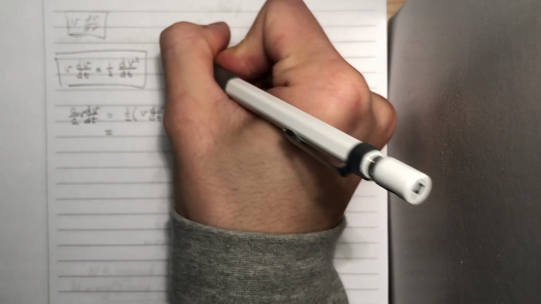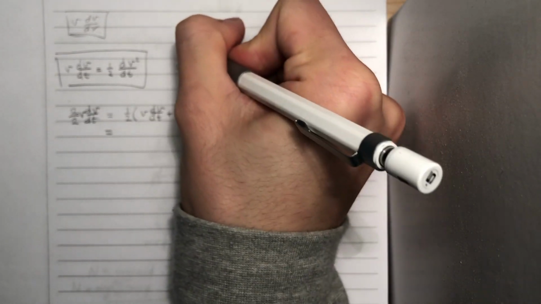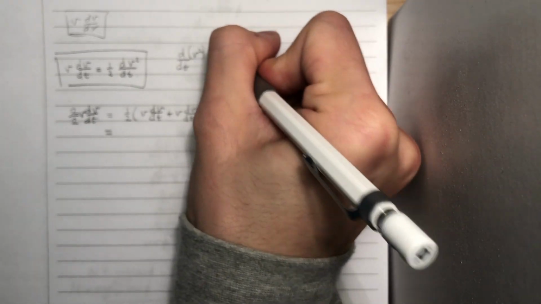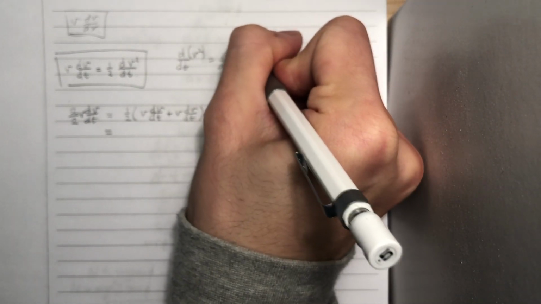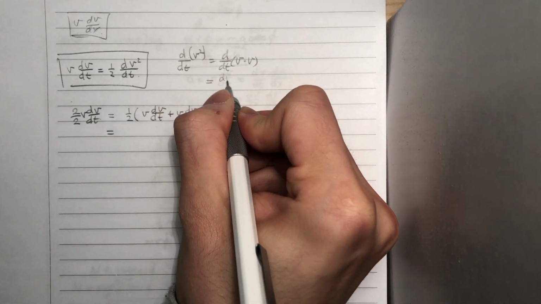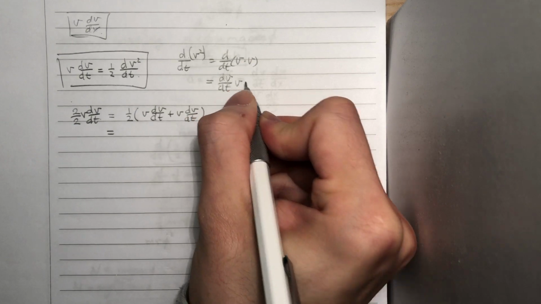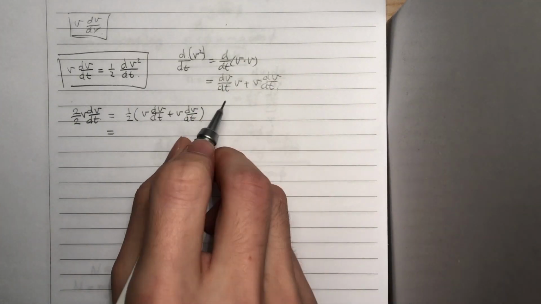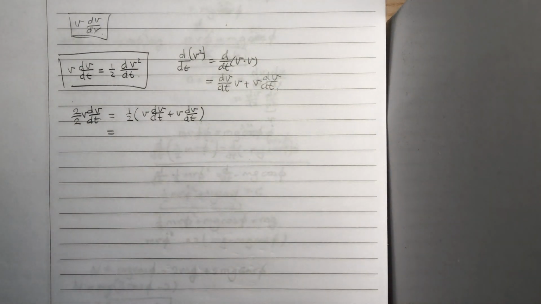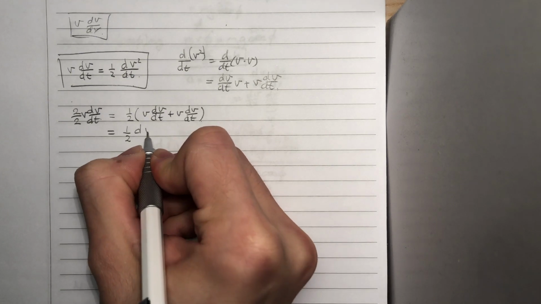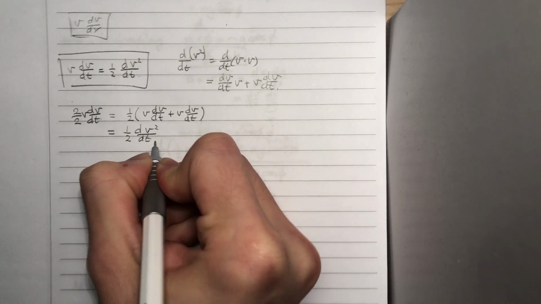Say I have d dt of v times v, what I will get is dv dt times v plus v dv dt, and you can interchange these. So what you get is 1/2 dv squared dt.